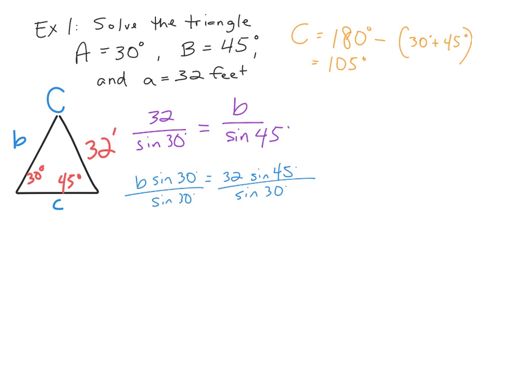And so the actual calculation then, we would type that into our calculator, and we could get our B value equal to approximately 45.255 feet.